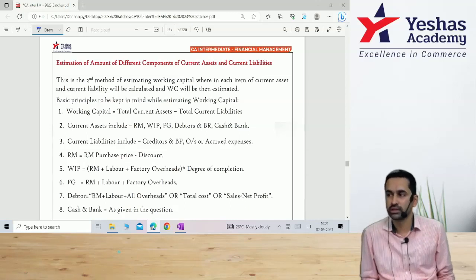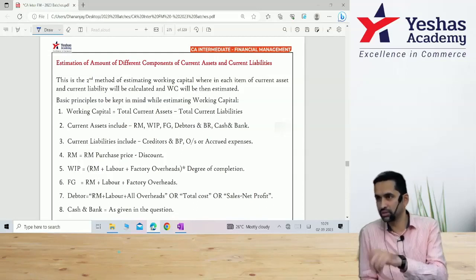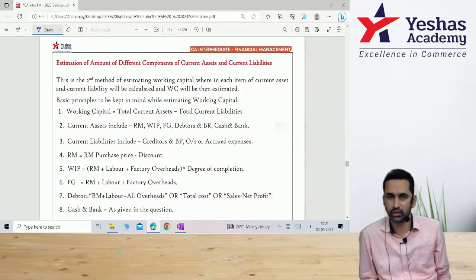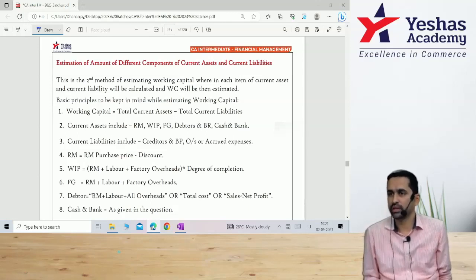What is the logic? Because material goes inside the machine at the beginning. What happens during the process is only labor effort and machine effort, which is labor cost and overhead cost. So when the question is silent, you can take 100 50 50 and give a note. But if they say it is 80% complete in all respects, then it is 80 80 80. You don't have to make any assumption. Done.